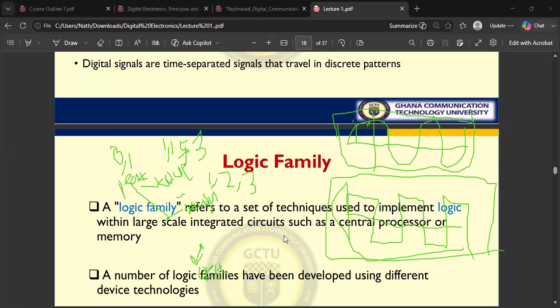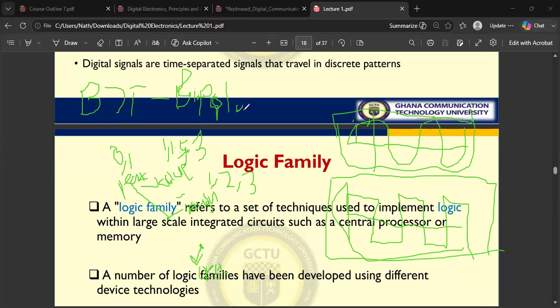The first category is the one built from BJT, so the first category is the BJT logic family. BJT means bipolar junction transistor.